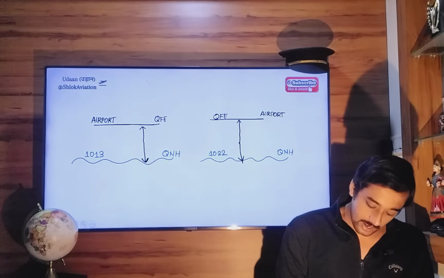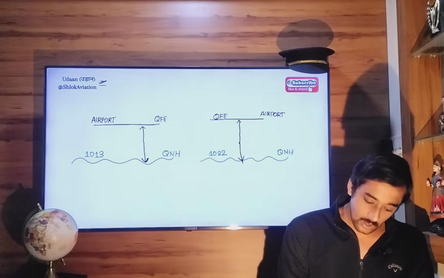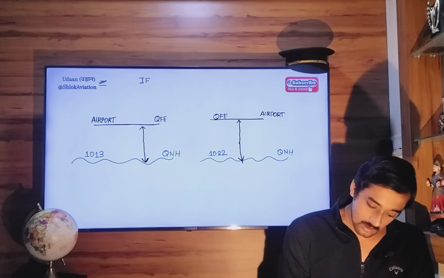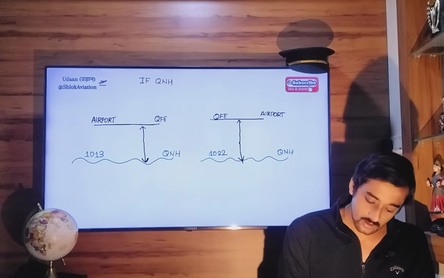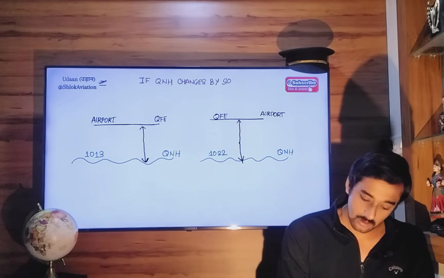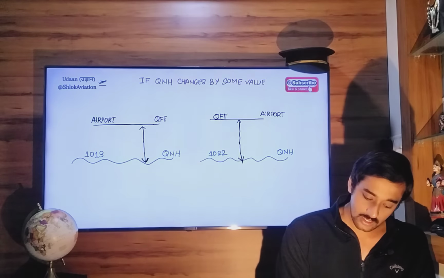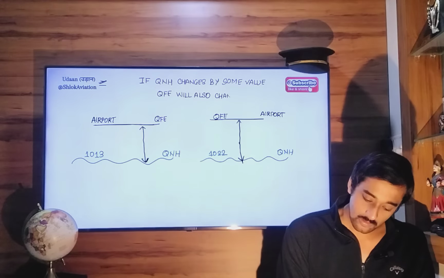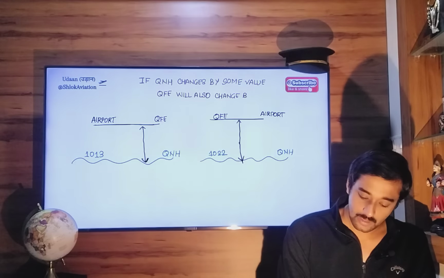Just remember this fact: if QNH changes by some value, then the QFE will also change by the same value.